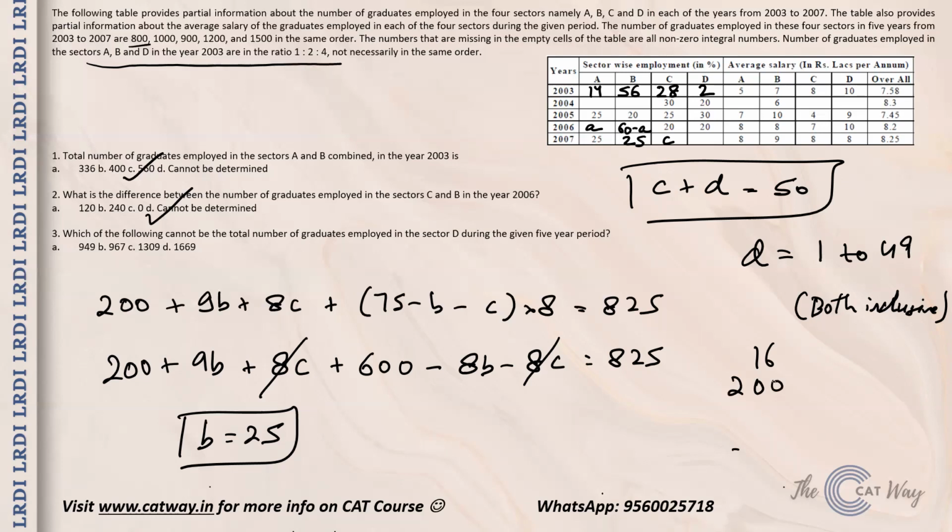In 2005 you have 30%, that is 270 people. In 2006 you have again 20%, that is 240 people. But we are unsure about what the case is in 2007. So till now the total is 16 plus 200 plus 270 plus 240.